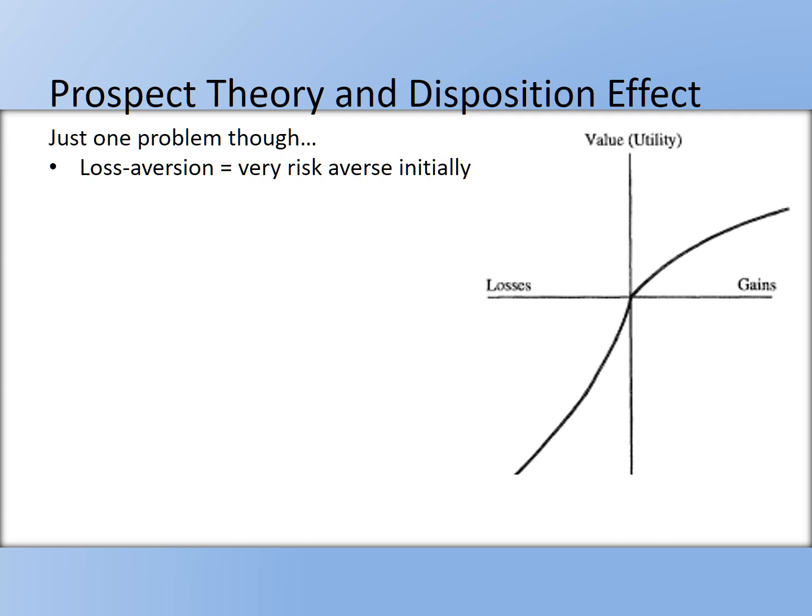So in any case, loss aversion would make you very risk averse. The way you can see that is by thinking about a traditional risk aversion utility, which would be concave like that, right? That's risk aversion by definition.